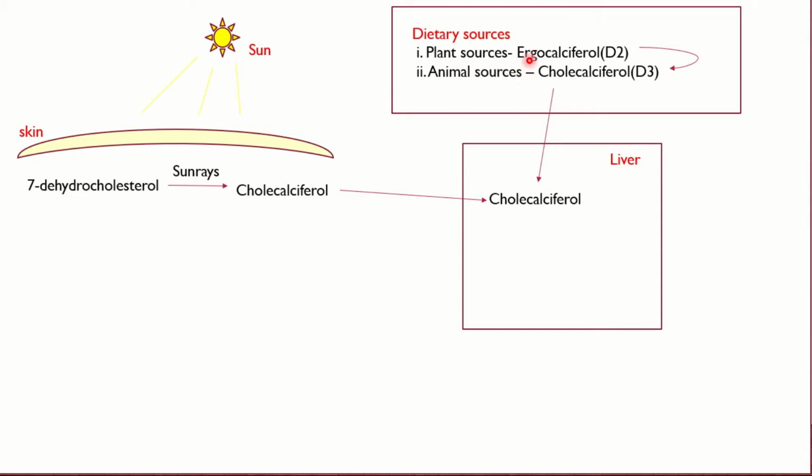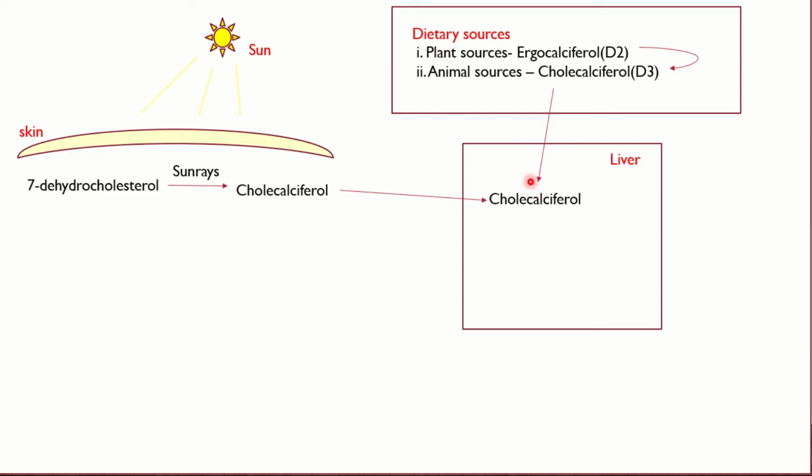Vitamin D in plants is known as ergocalciferol or vitamin D2, and vitamin D from animal sources is known as cholecalciferol or vitamin D3. Later, during digestion and absorption, ergocalciferol is converted to cholecalciferol. So all that is left is cholecalciferol, which is now found in the liver.